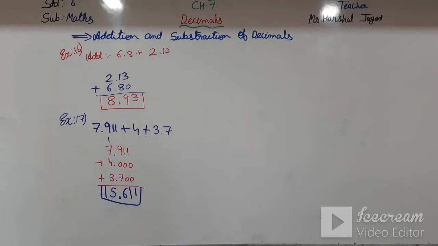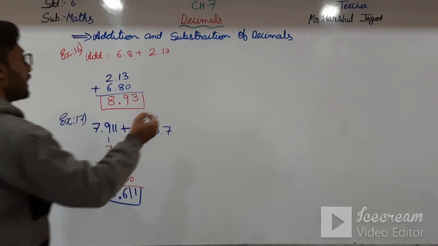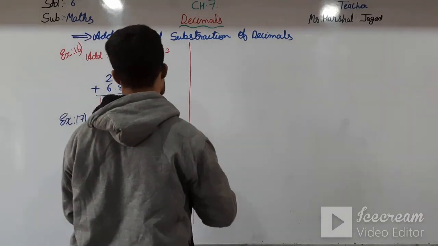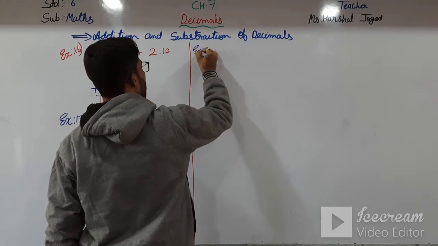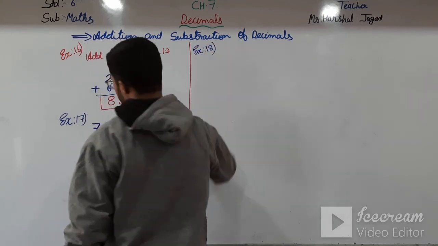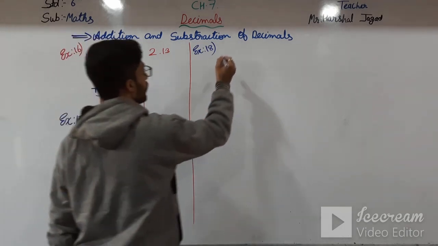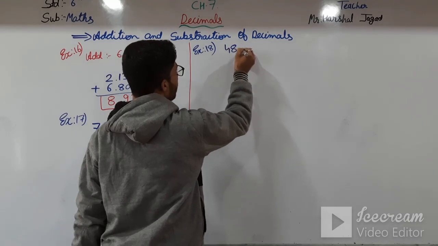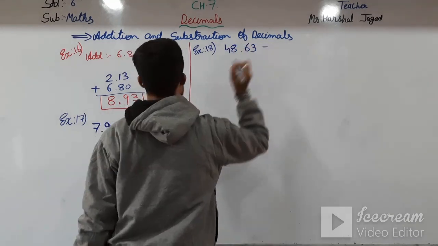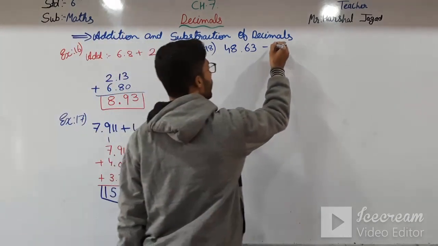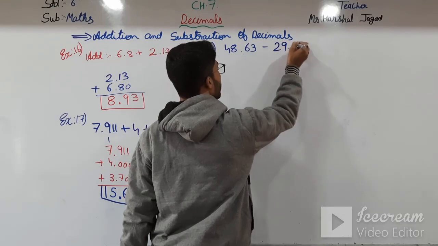In that we have to subtract. Example number 18, that is 48.63 minus 29.12.